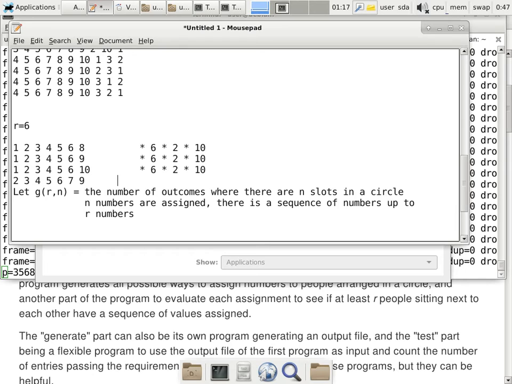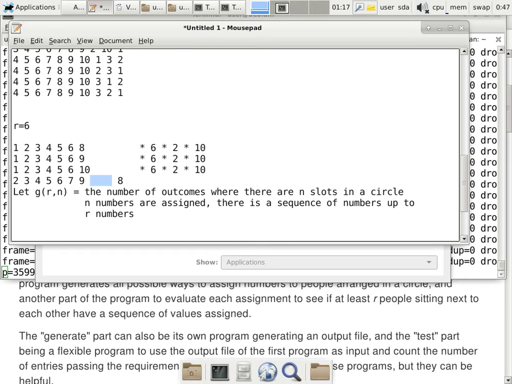10 or 8. So we'll do the 8 first because we want everything to be sorted. So these two numbers in between can be any order. So that's 2 factorial. So it is still related to permutation because once you lock down the two ends, whatever you have in between is still a number of permutation.